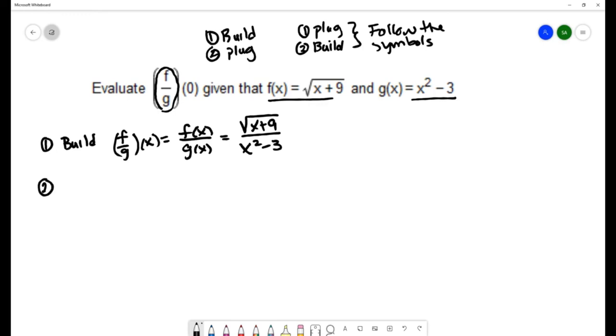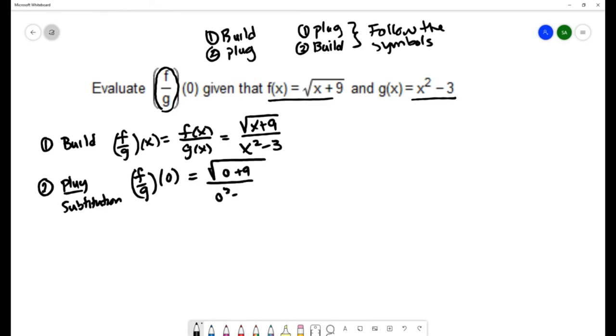Then we're going to do the plug. If you don't like that word, you can use substitution. So maybe build then sub. So we're going to substitute or plug in that 0 in for x. So that's going to give square root of 0 plus 9 over 0 squared minus 3.